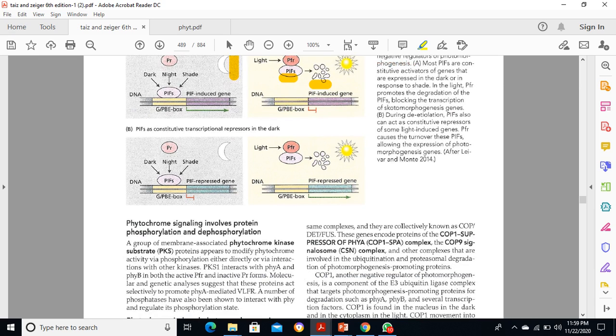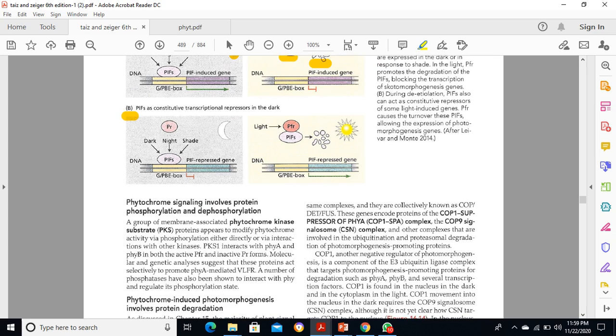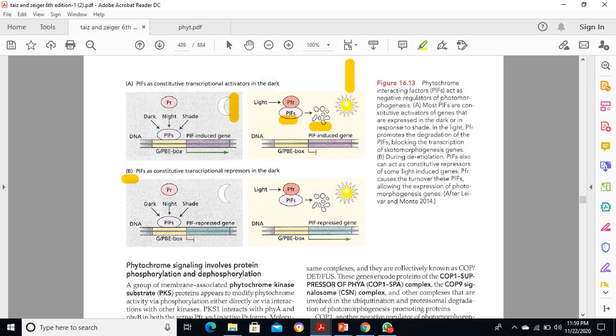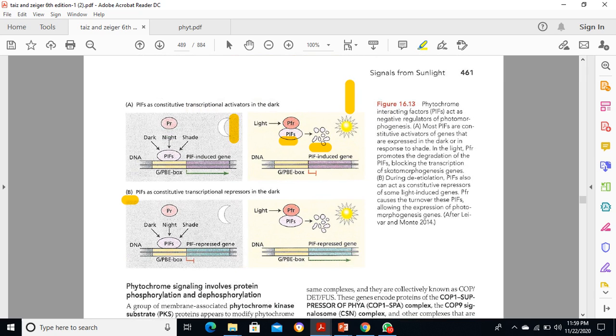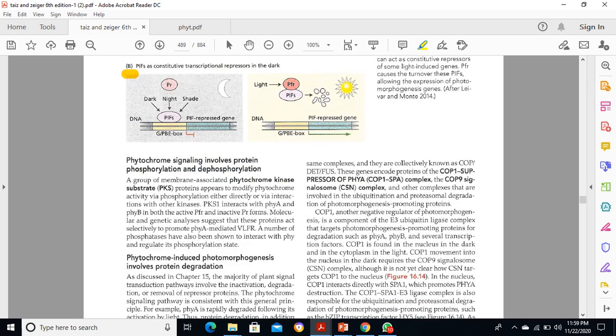Now, coming to diagram B, here they are showing the photomorphogenic genes. In the first image, they gave scotomorphogenic genes. Here it is photomorphogenic genes.